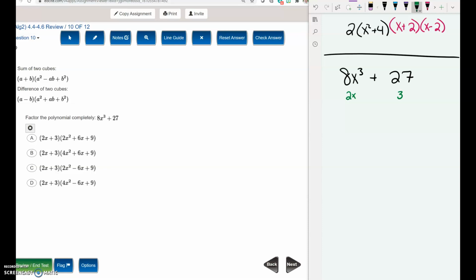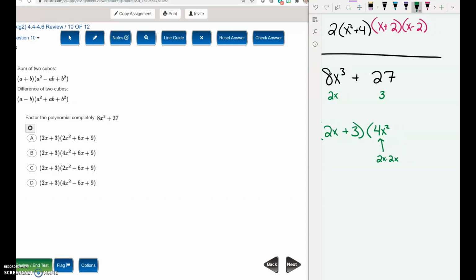Now there is kind of a catch because there's two answers that are very, very similar, but one of them is definitely not right. So we start with 2x plus 3. This number has to be 2x squared, but that means 2x times itself. 2x times 2x, which would be 4x squared.